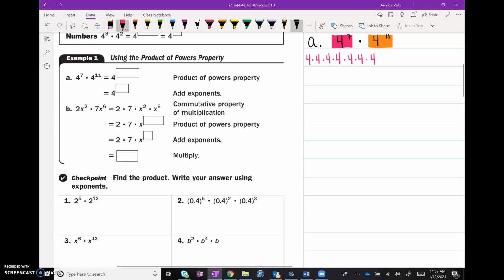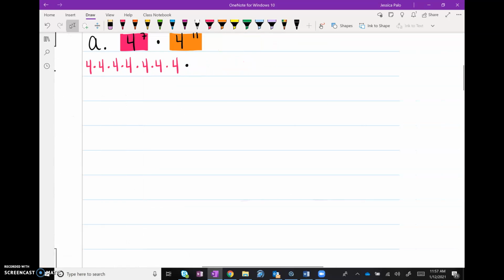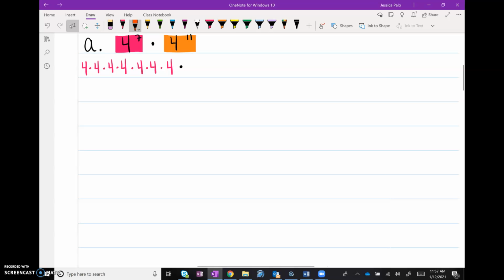Now we're multiplying 4 to the 7th power times 4 to the 11th power. 4 to the 11th power can also be written in expanded form. What does 4 to the 11th power look like in expanded form? 4 to the 11th power would be 4 multiplied by itself 11 times.